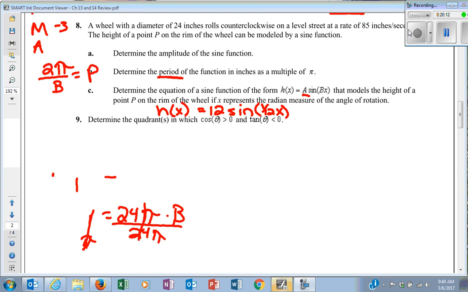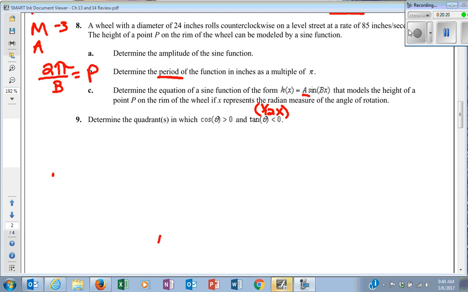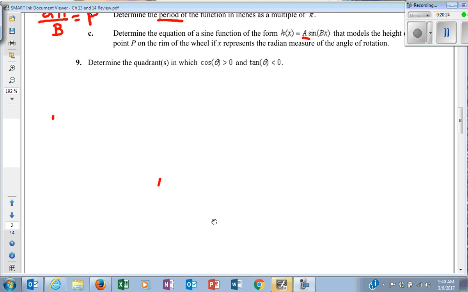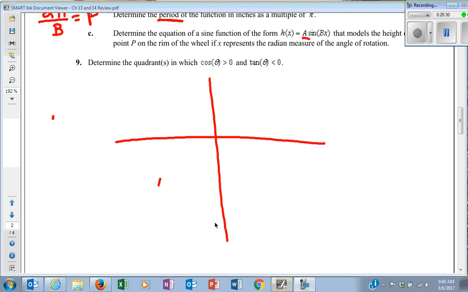Now the last thing that we need to do, this last one is a very good question. It says, determine the quadrant or quadrants in which cosine is greater than 0 and tangent is less than 0. Actually, you don't need to know too much. You just need to think about this. In order for cosine to be greater than 0, cosine is my x.